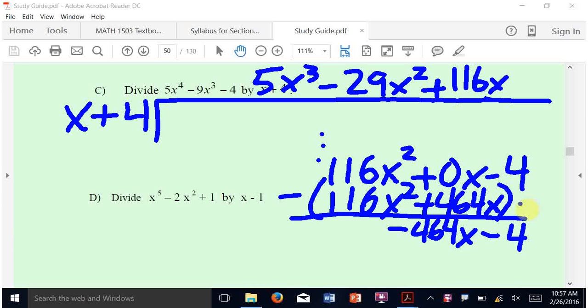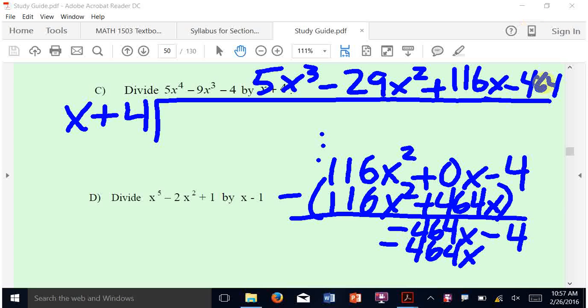Okay, so once again, we are going to divide, multiply, then subtract. So divide negative 464x divided by x, and that's negative 464. Okay, so then multiply. You're going to get negative 464 times x, which is negative 464x.